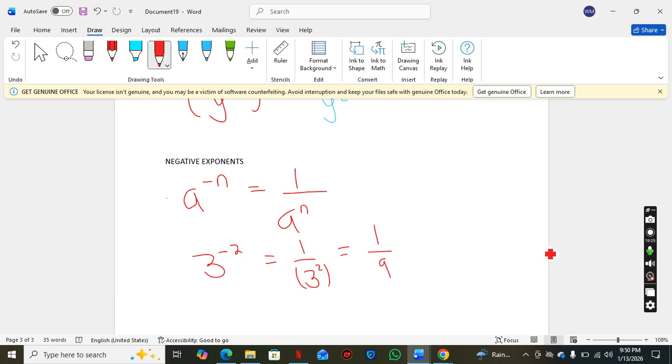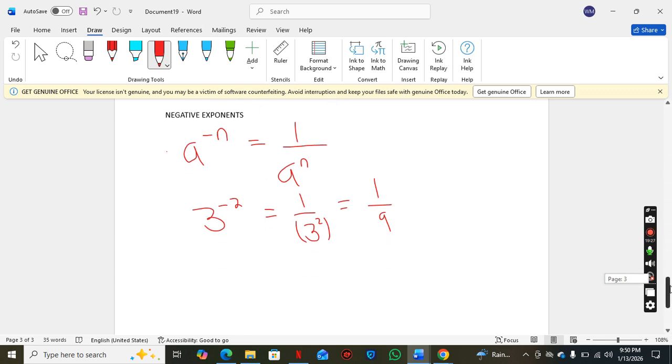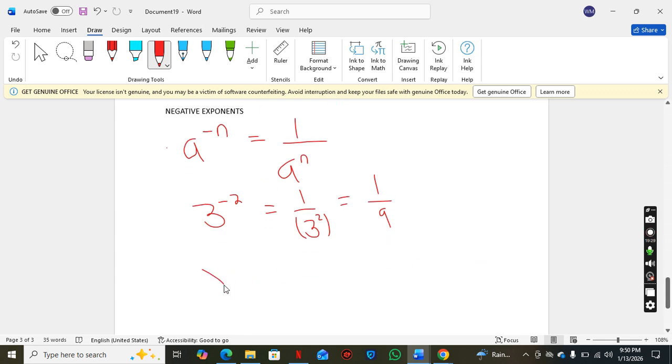Okay, if you see x to the power negative 3, the same as saying 1 over x to the power 3.